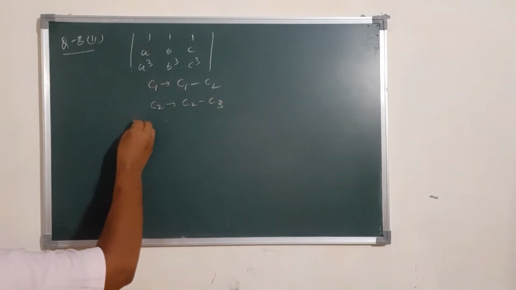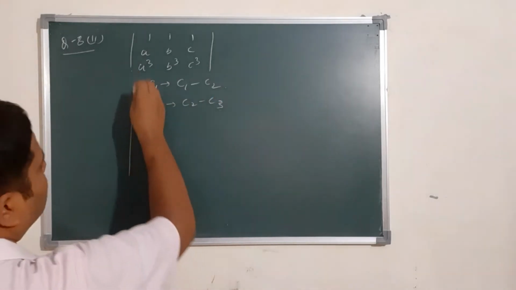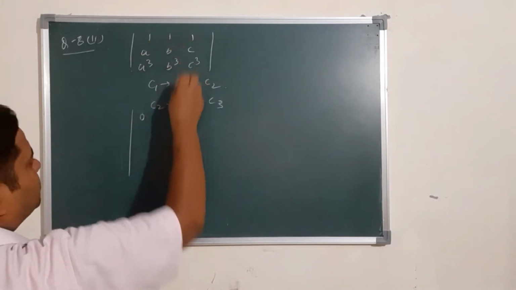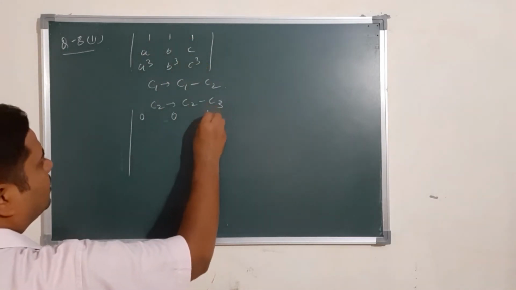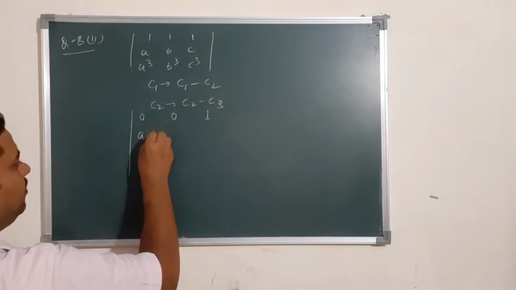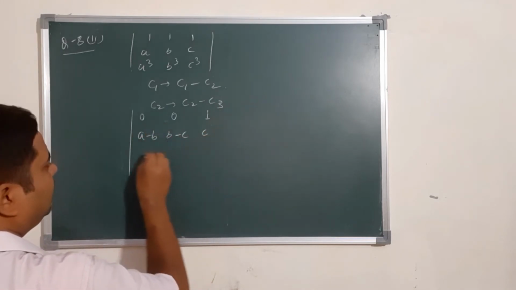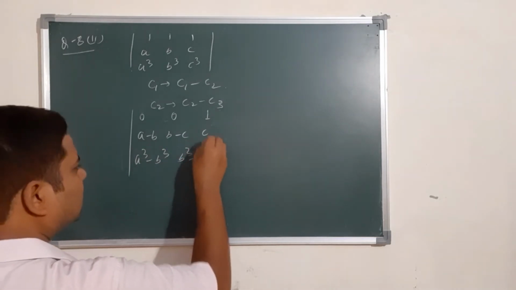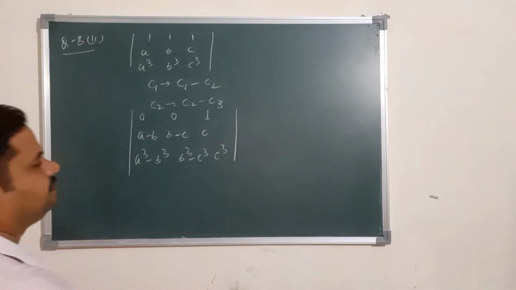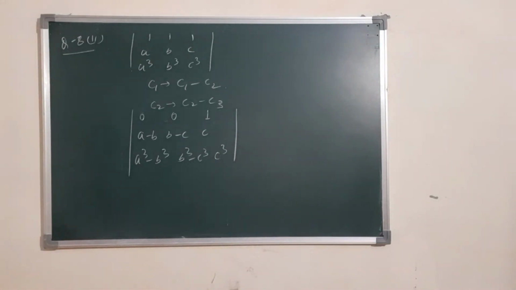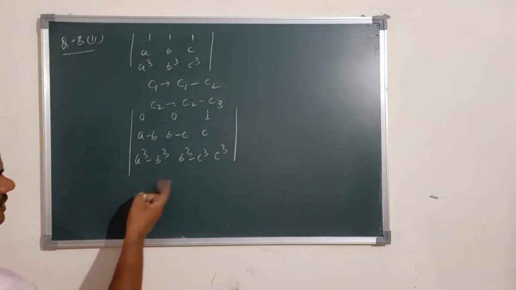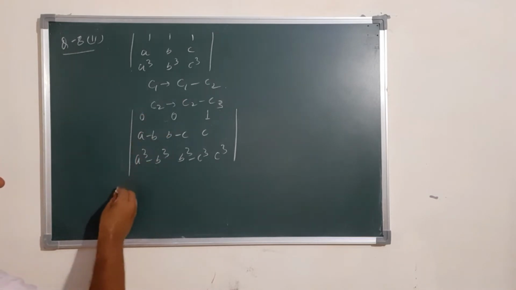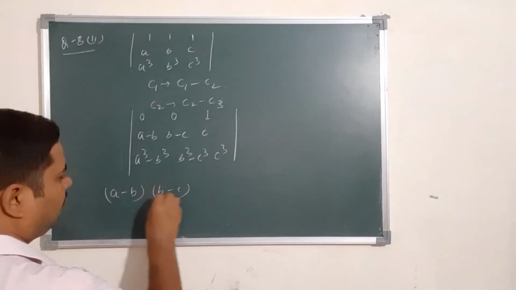We will have 1 minus 1 is 0, 1 minus 1 is 0, this is 1, this is A minus B, B minus C, C, A cube minus B cube, B cube minus C cube and C cube. Okay. Now A minus B and B minus C are common from the first column and second column.